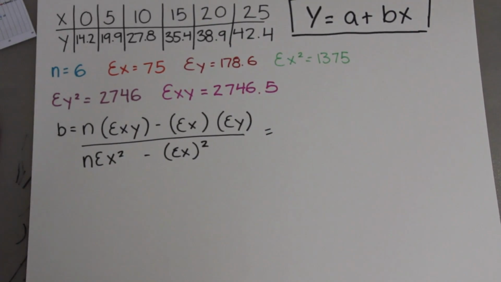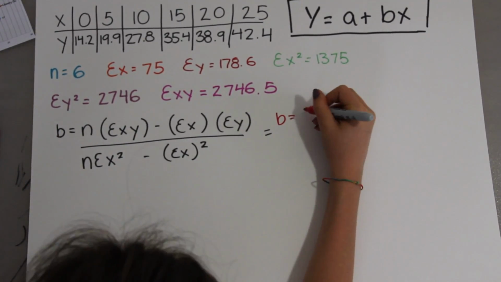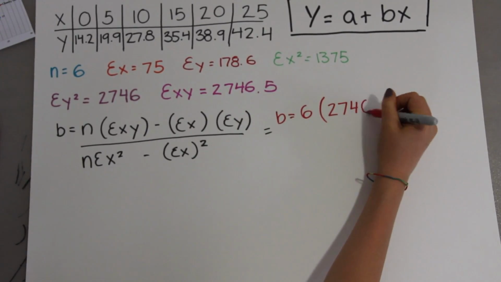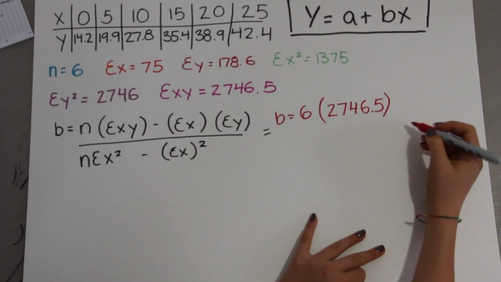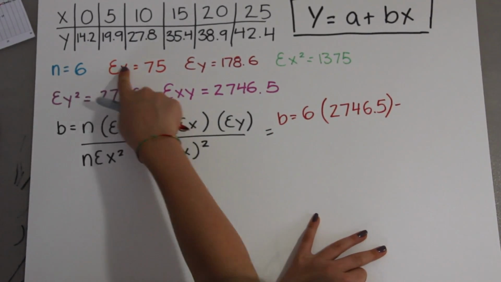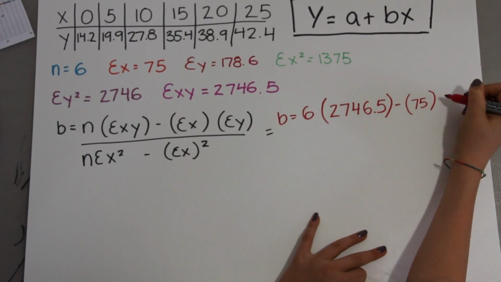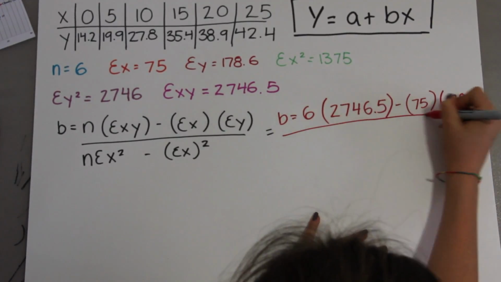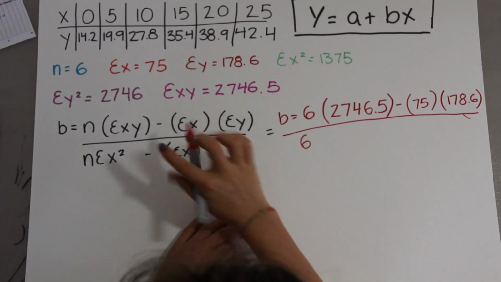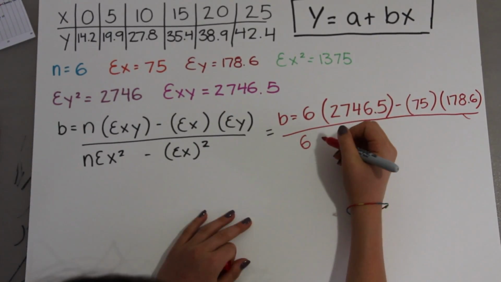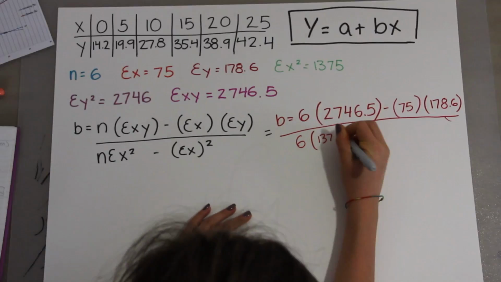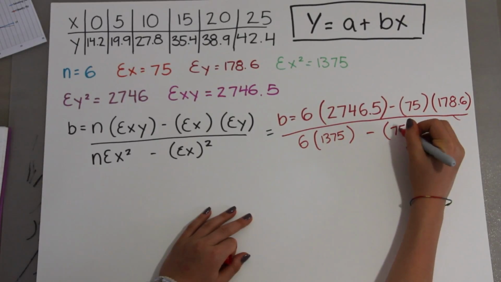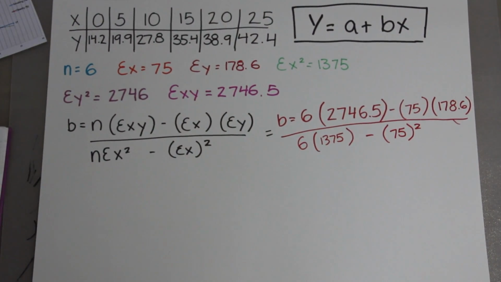Altogether, b equals 6 times the sum of xy, which is 2,746.5, minus the sum of x, which is 75, times the sum of y, which is 178.6, over 6 times the sum of x squared, which is 1,375, minus 75 to the power of 2.